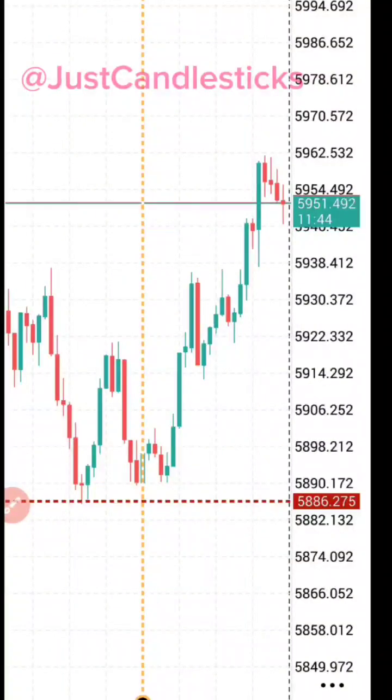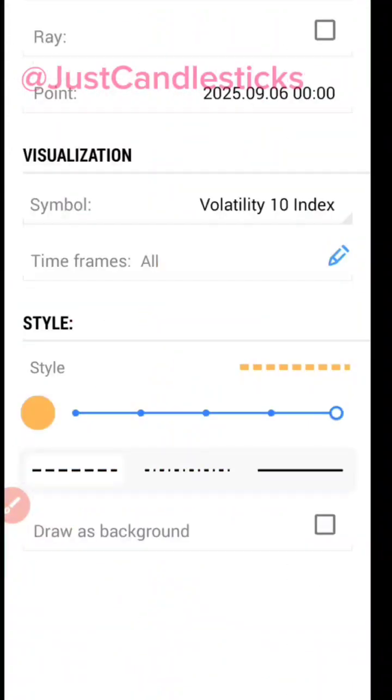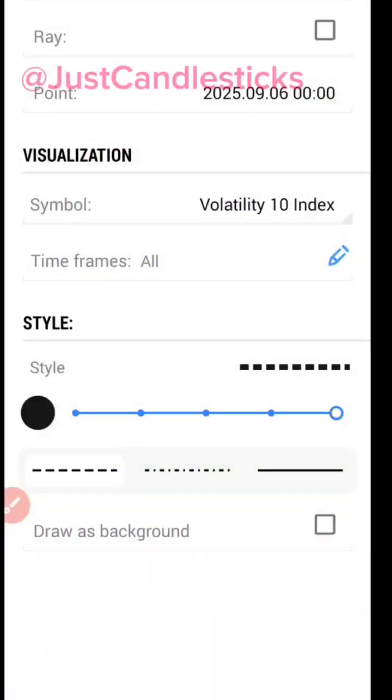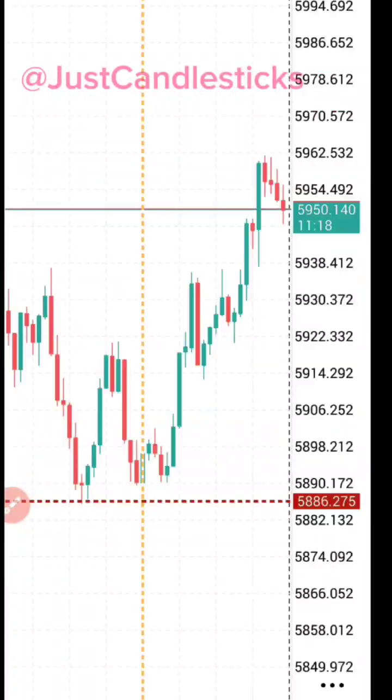I'll make it a little bit bolder and change the color. Make it black. Okay, so you can see this color.